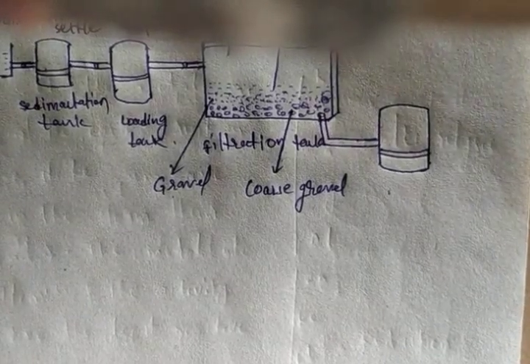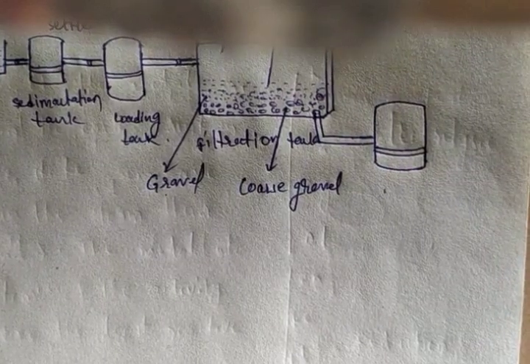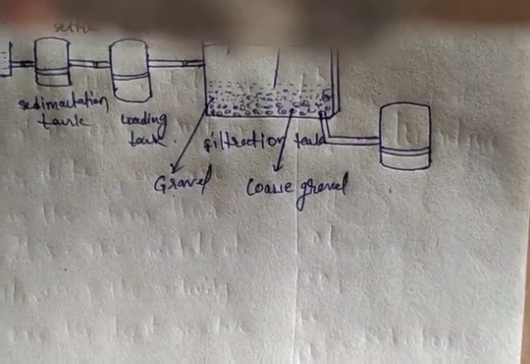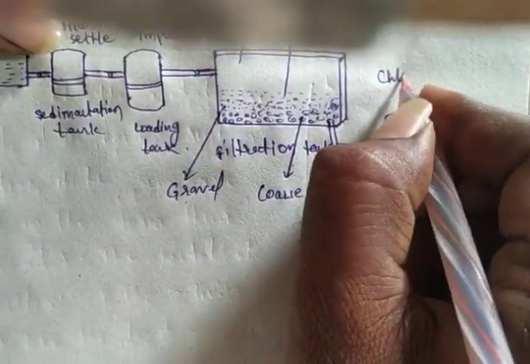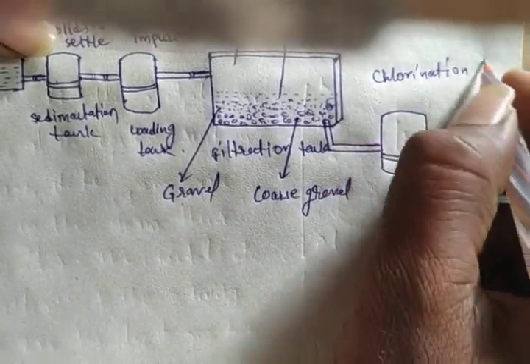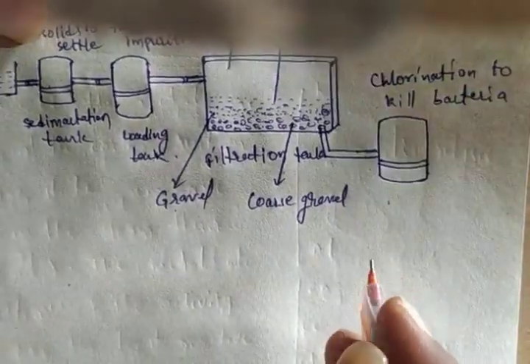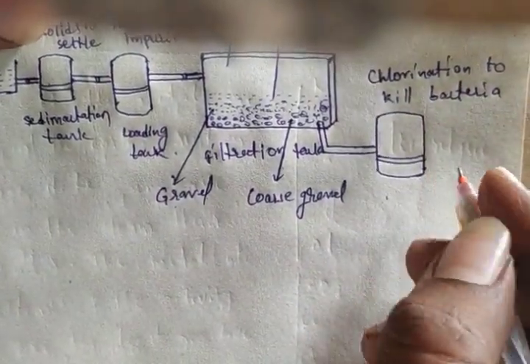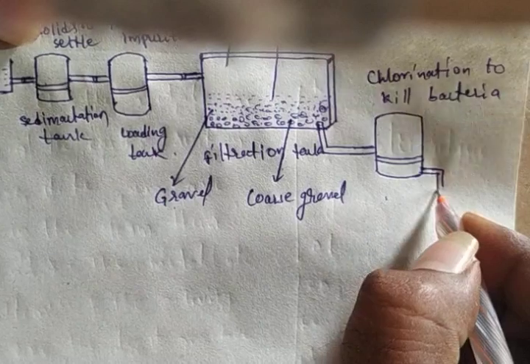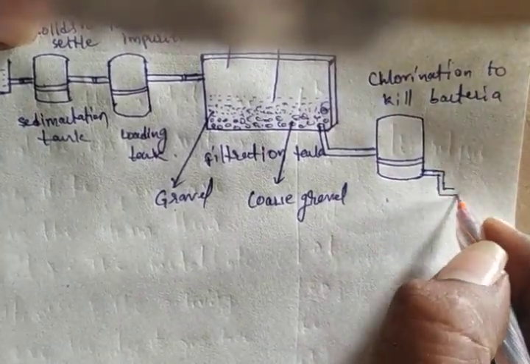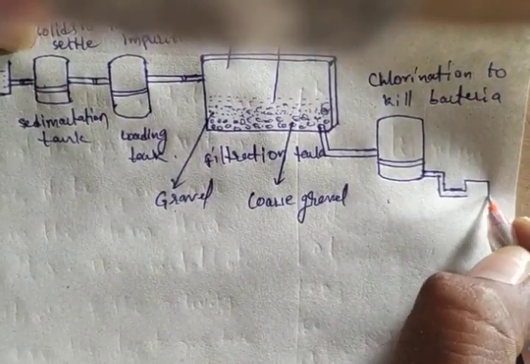If any bacteria are in that water, the chlorine in the chlorination tank will kill the bacteria. From this tank we can obtain pure water for our home.